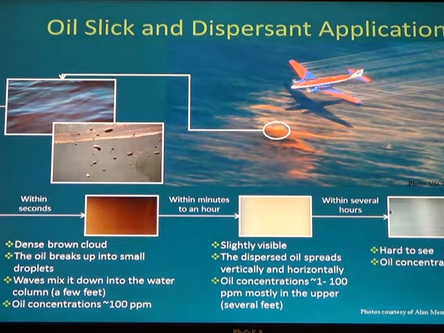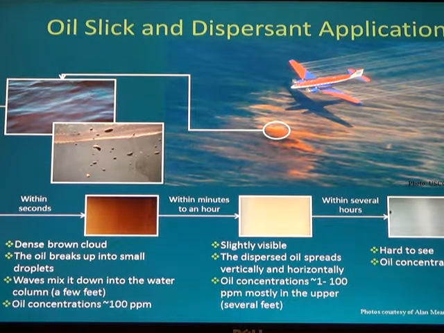Within minutes to hours, it's going to go from this sort of color to this more white color, be less visible, and it's going to be spreading vertically and horizontally as soon as you put it into the water column, as long as you have that mixing energy. And the oil concentrations within minutes to hours are going to go down from 1 to 100 parts per million in that upper several feet.